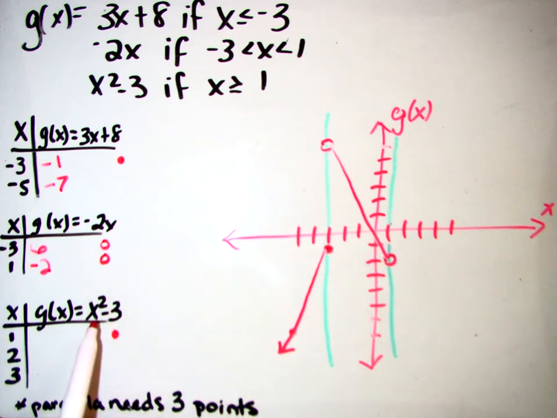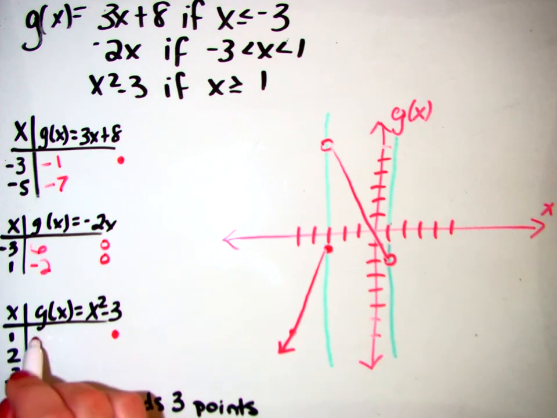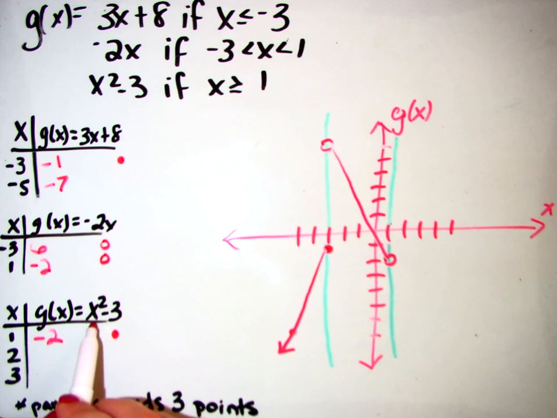Now, this is a parabola, and parabolas will need 3 points. So I'm going to plug in the 1. 1 squared is 1, 1 minus 3 is -2. If I plug in a 2, 2 squared is 4, 4 minus 3 is 1. 3 squared is 9, 9 minus 3 is 6.